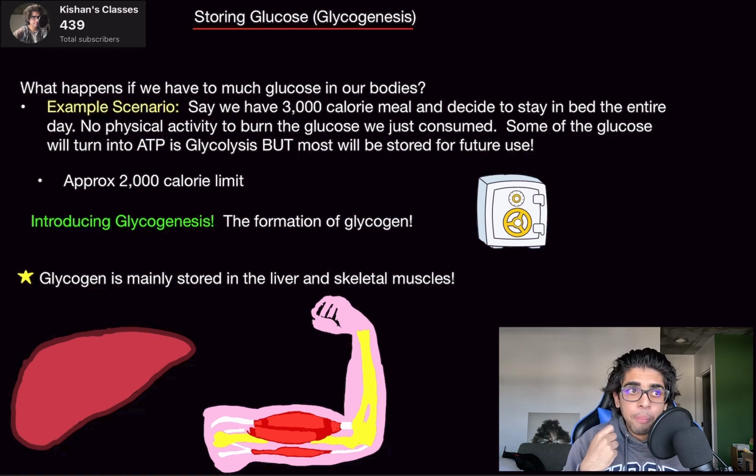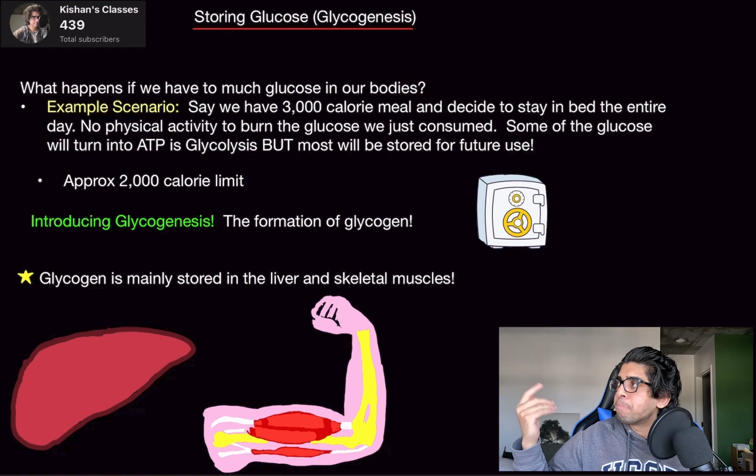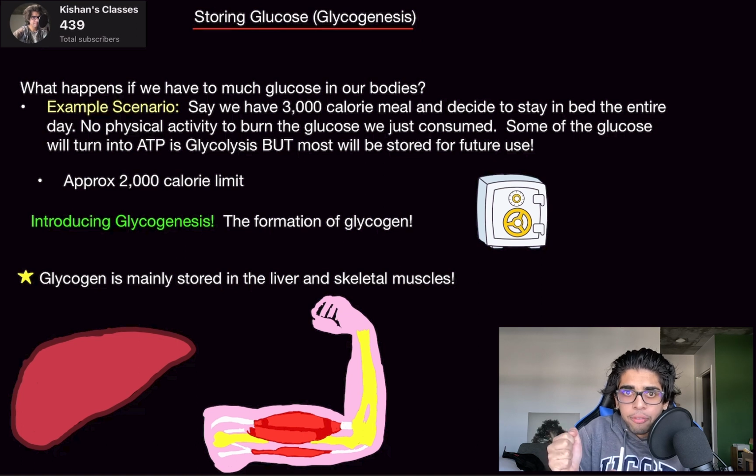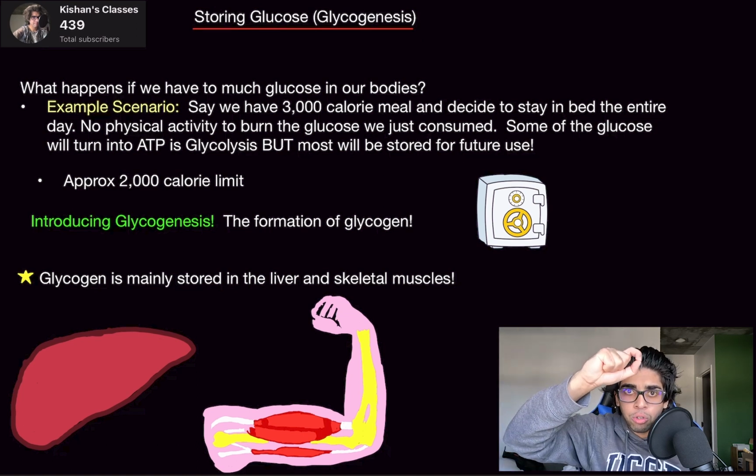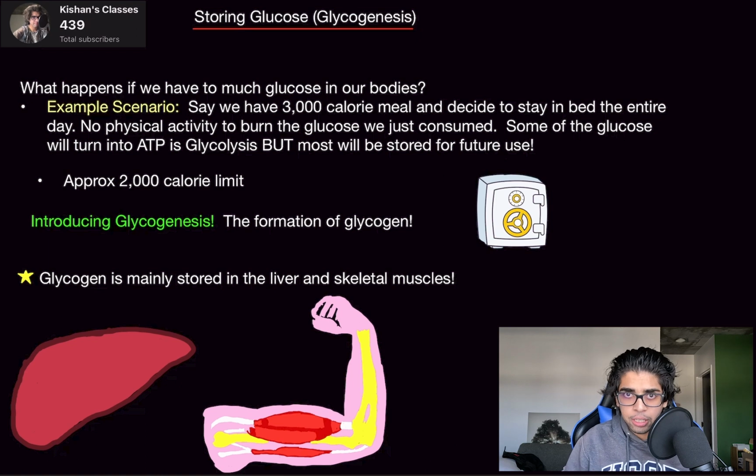So if your body needs energy, say in your kidneys or your brain, the glycogen will be ripped off and transported to those organs for energy consumption. That's the cool thing about glycogen storage in the liver.